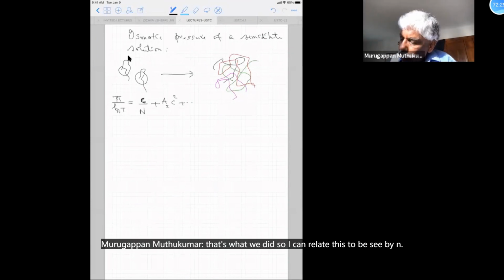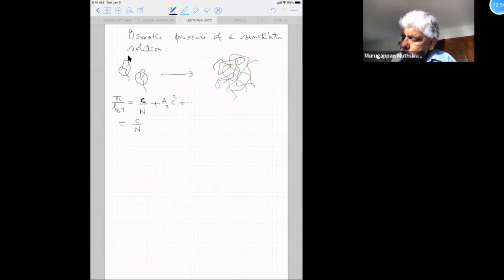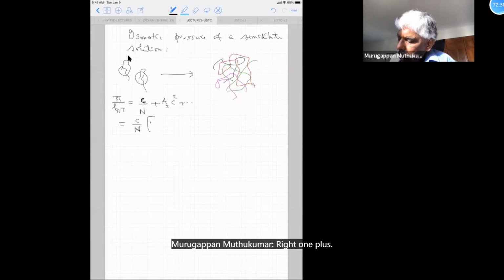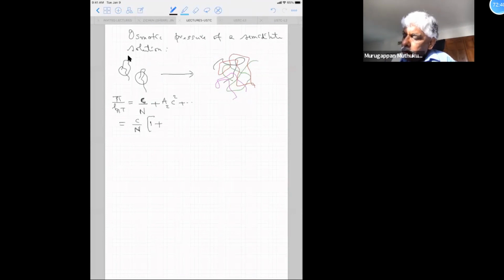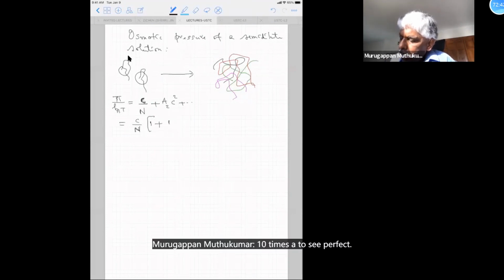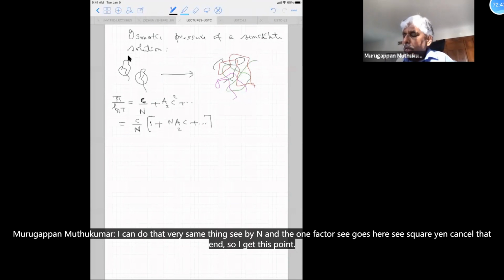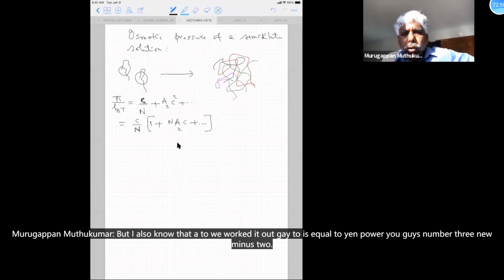So I can rewrite this to be C by N times 1 plus N times A2 C plus etc. Same thing: C by N, and one factor C goes here, C squared, N cancels with that N, so I get this quantity.